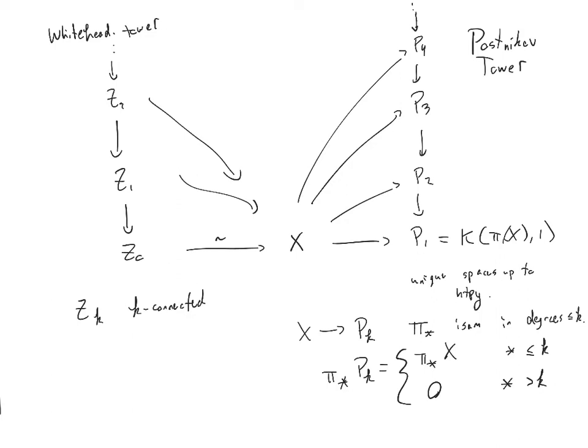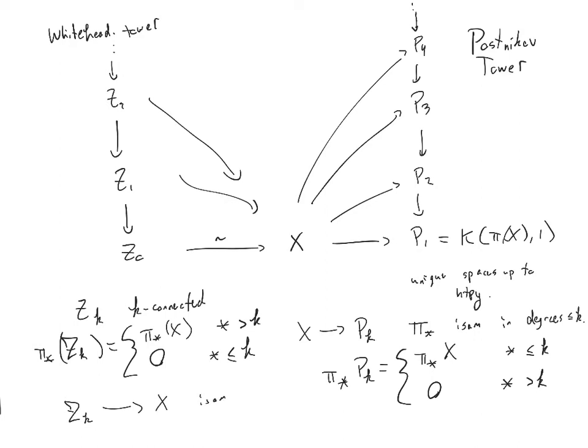So k-connected, which means that pi star of Zk looks like the homotopy groups of X when star is bigger than k, and it looks trivial when star is less than or equal to k, because these maps Zk to X are isomorphisms on pi star bigger than k.